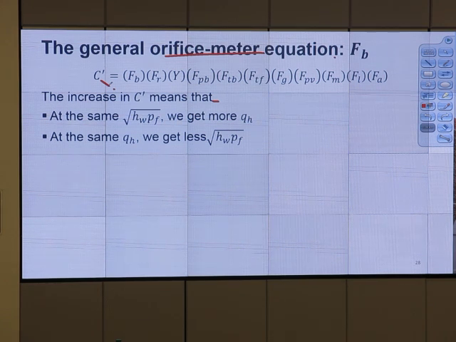Number 2, thermal expansion of the meter itself when the temperature changes. Number 3, Reynolds number factor. So we have 11. You may pick 3. Memorize 3. Otherwise, it's equivalent to not having come to the class. Memorize something.